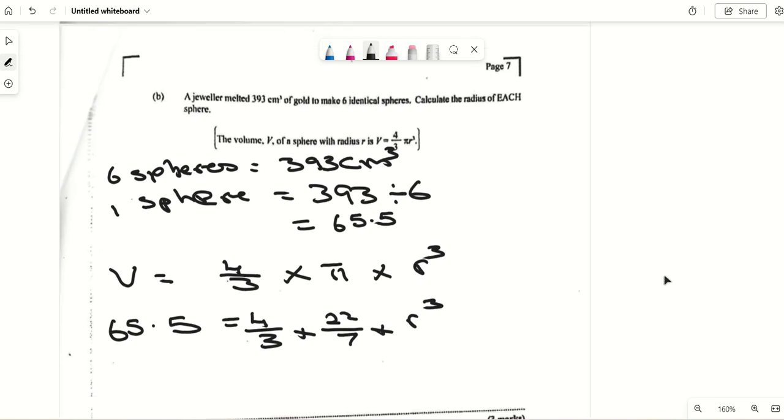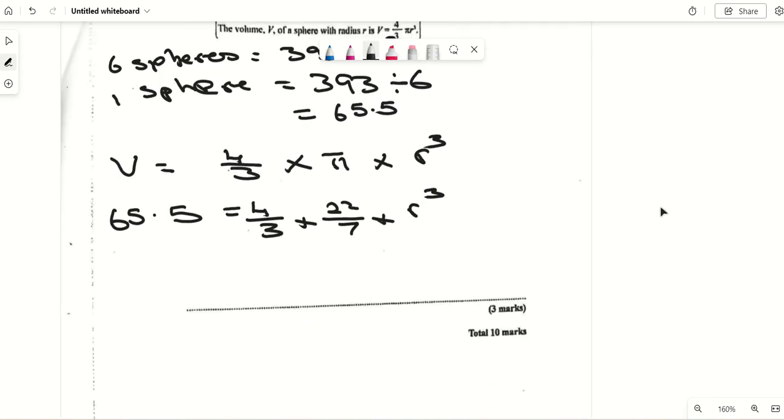So 65.5 equals 88/21 multiplied by r cubed.